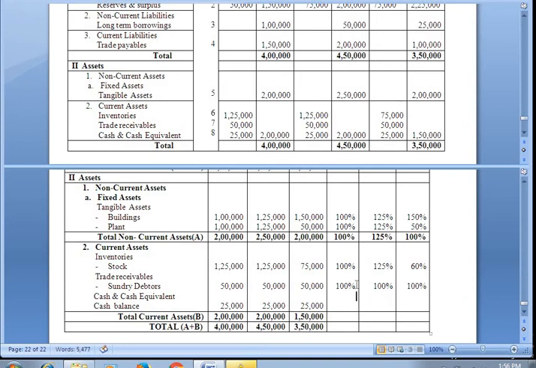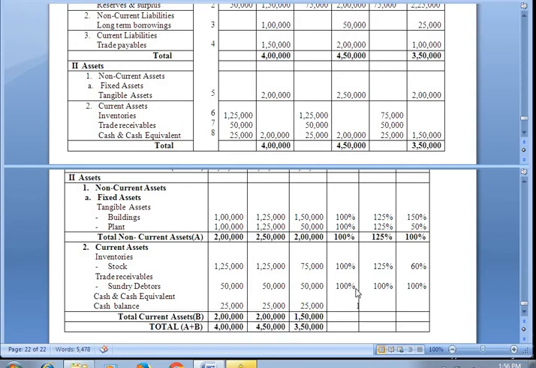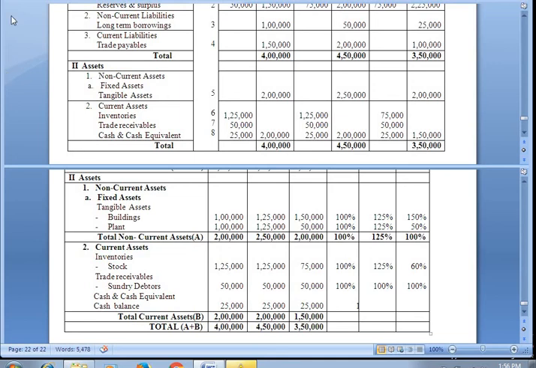Okay. Next one is cash balance. Now here also the percentage will be the same: 100% first year, as it is the base year.